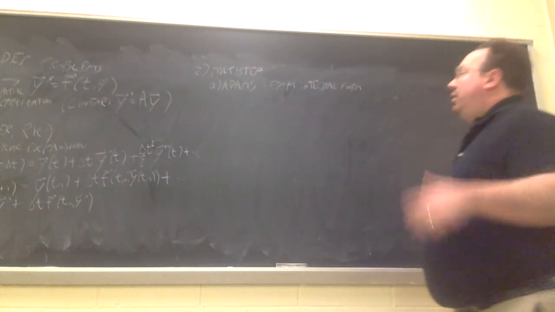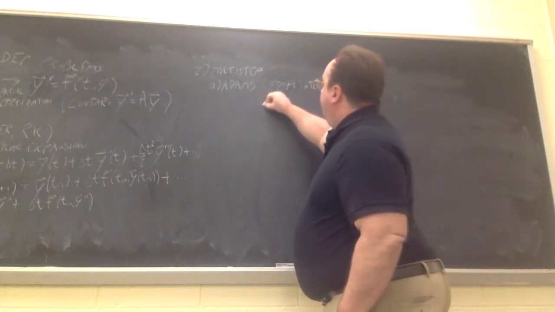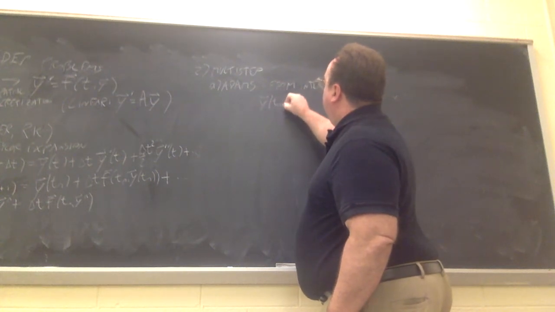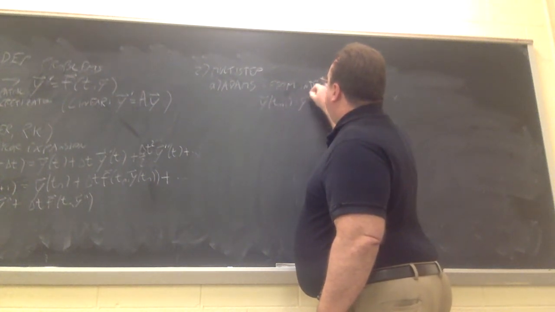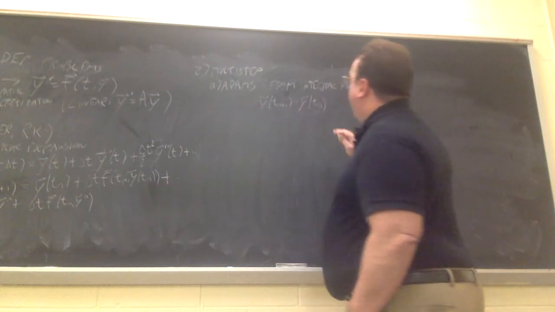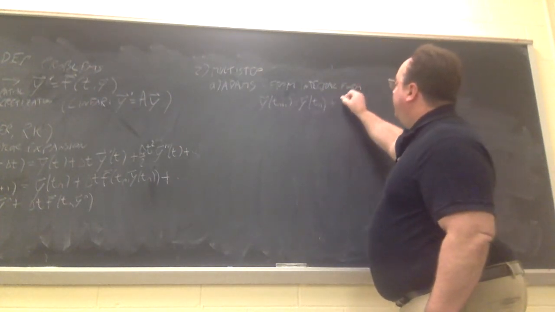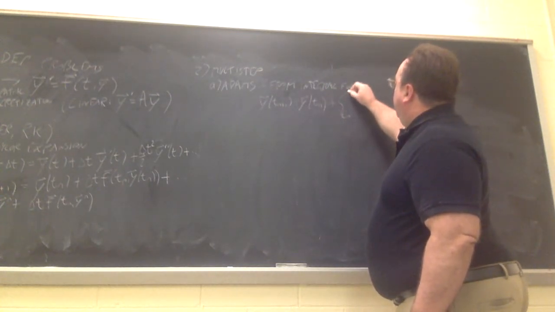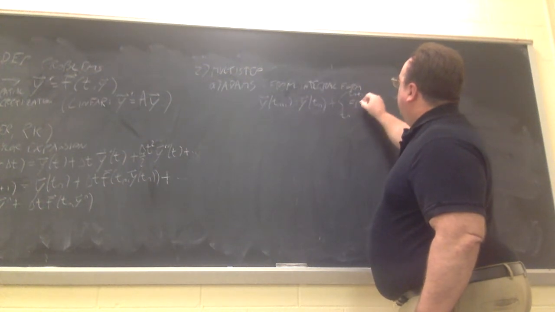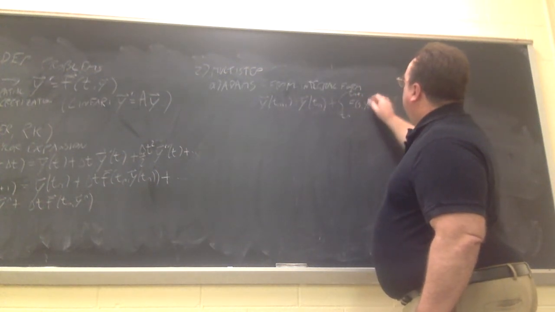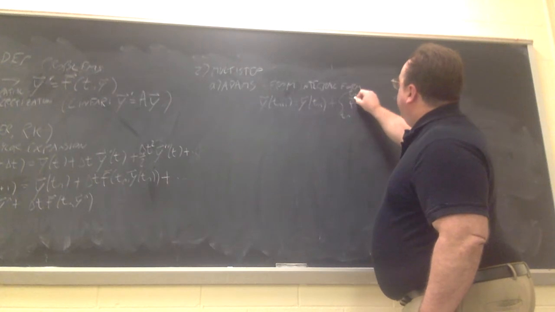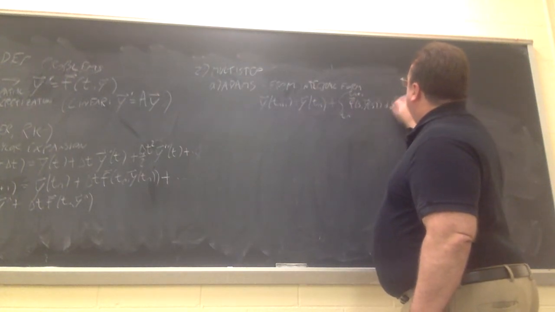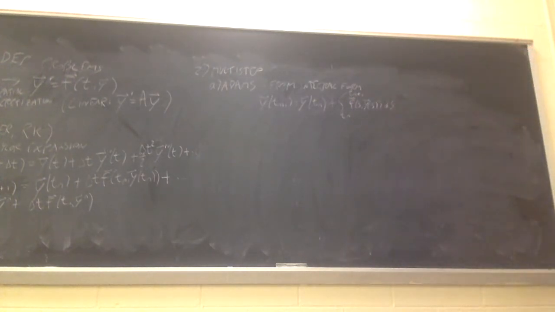If you integrate the ODE from time tn to time tn plus 1, so it's a definite integral, then you get this. That is exact. There's no approximation in here.